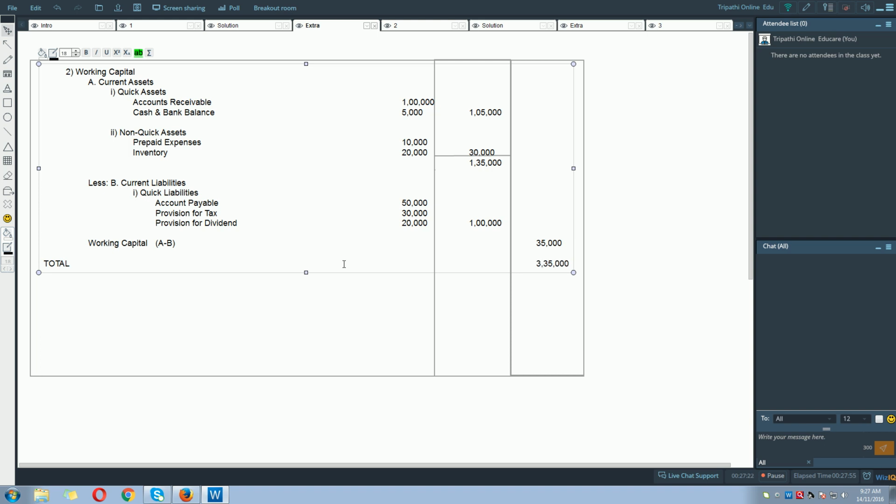Right. Now we will have to add the total of the asset side. So we will say total of asset side. So total of asset side, if you see, 2,50,000 plus 50 and 35,000. So that will give you 3,35,000.